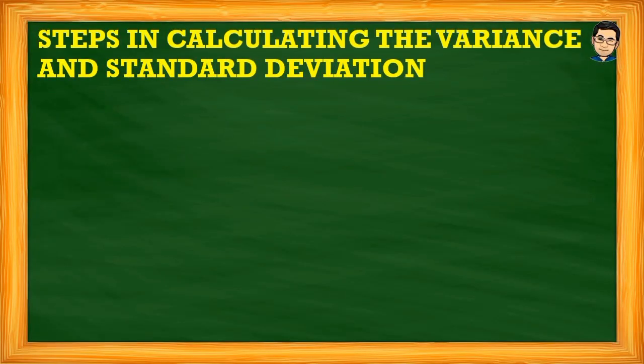So here are the steps in calculating the variance and standard deviation. So steps ulit ito. Anyway, kahit banggitin ko yung mga steps na yan mamaya, i-apply naman natin, makikita nyo naman kung paano ko isosolve yan at fill out yung mga columns.